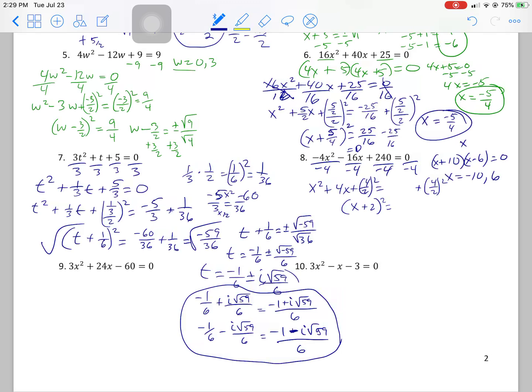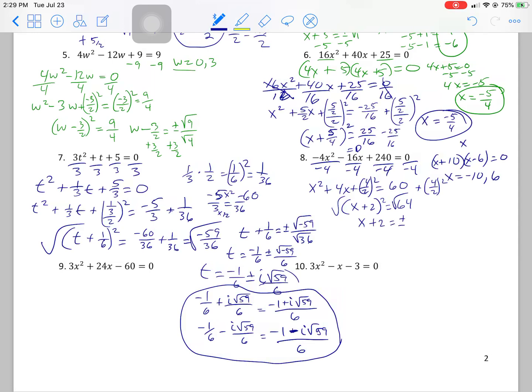This was a negative, moved to the other side, made it positive. 240 divided by that is 60. Okay, so 60 plus 4 is 64. That's looking better, because these have to turn out to whole numbers according to my factoring over here.